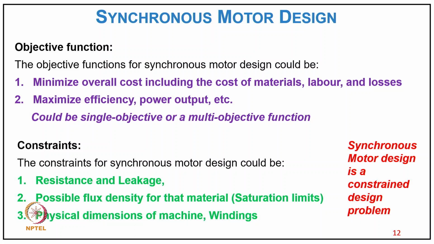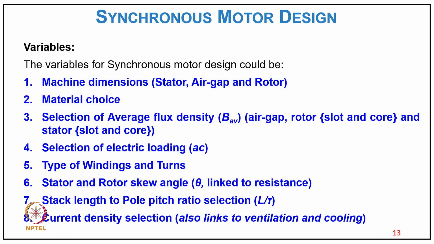Then the constraints of synchronous machine design could be resistance, leakage reactance, permissible flux density for that material like a saturation limit, physical dimensions of the machine, and winding. Synchronous machine design is of course a constrained design problem. Now coming to the variables which we have to vary to get the best value of the objective function while meeting the constraint requirements.